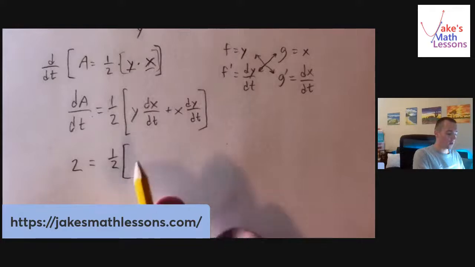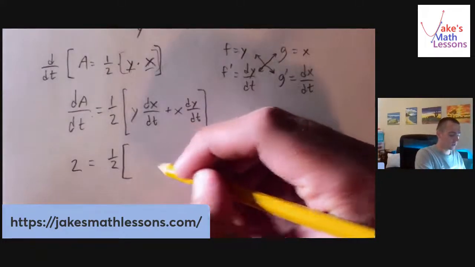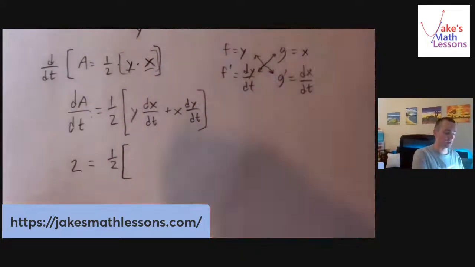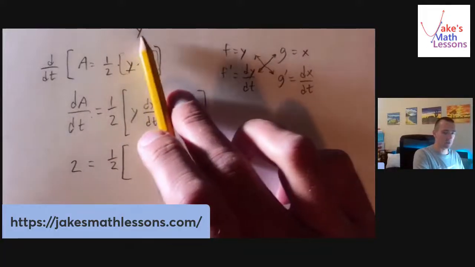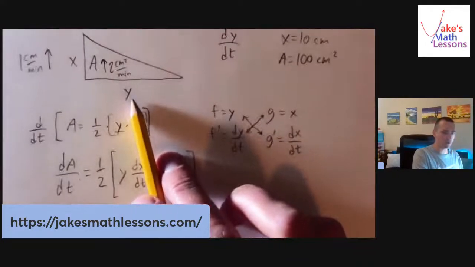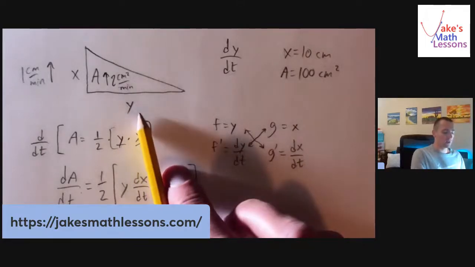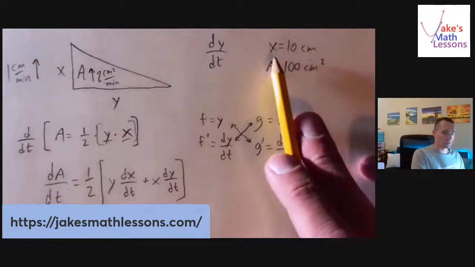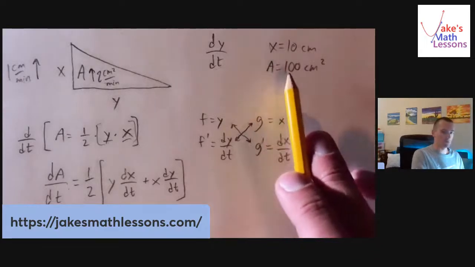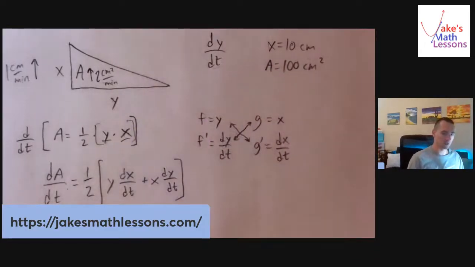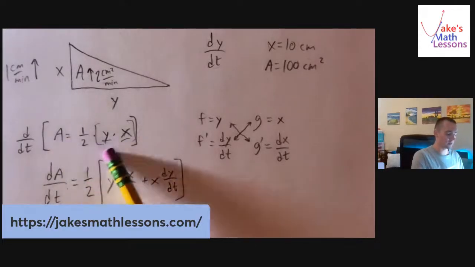We don't know y quite yet, but we can figure that out. I'll come back to the dx dt in just a second. First, let's think about y. If we look in our drawing, y wasn't given. We know the moment in time we're looking at is when x is 10 and when a is 100, but we weren't given what y is. It didn't tell us what the base of the triangle was at the moment we want to look at. However, we do know a relationship between a, y, and x: a is always going to be 1/2 times y times x.